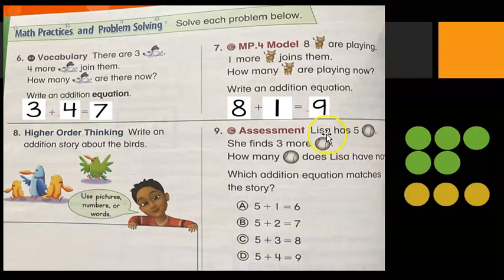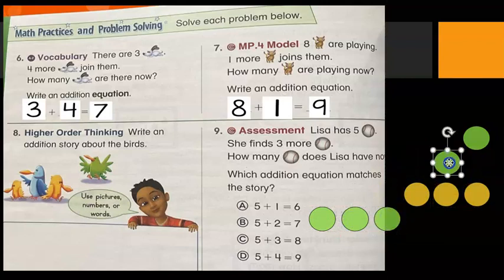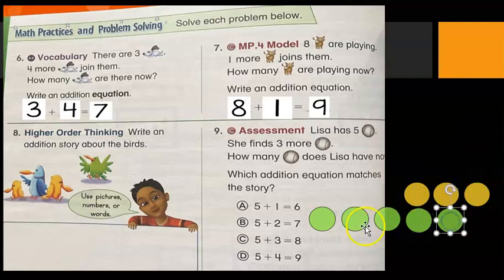Now look right here. Let me show it to you using these ones. It says Lisa has 5 baseballs. Let's just use this. So I'm going to put 5 here. 1, 2, 3, 4, 5. Okay, we're just looking now at this green, the circles here. Then you read again.